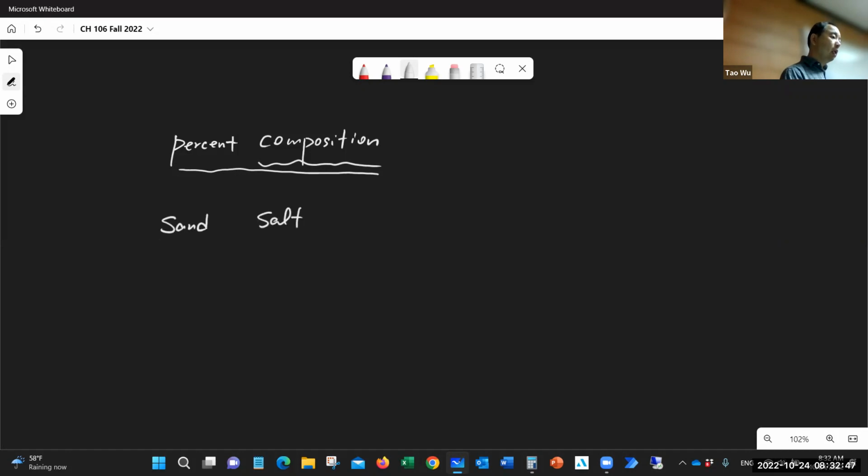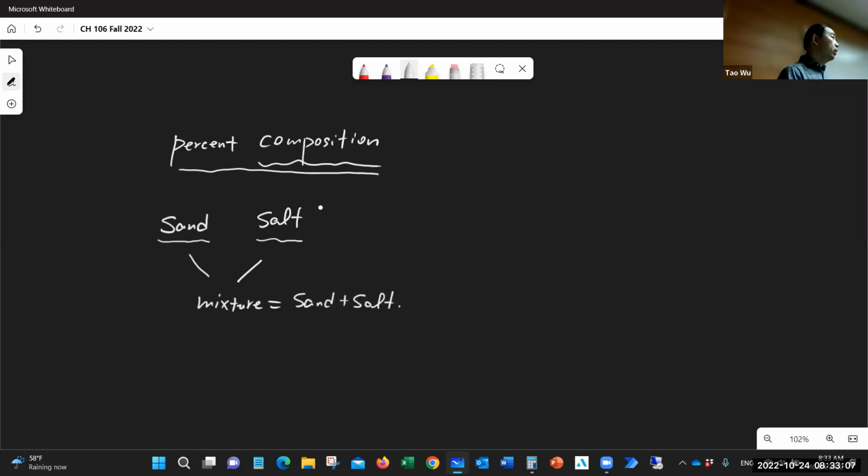At the beginning, we measure the mass of the sand. We measure the mass of the salt, and then we mix them together. It becomes a mixture, and the mixture is just the sand plus salt.